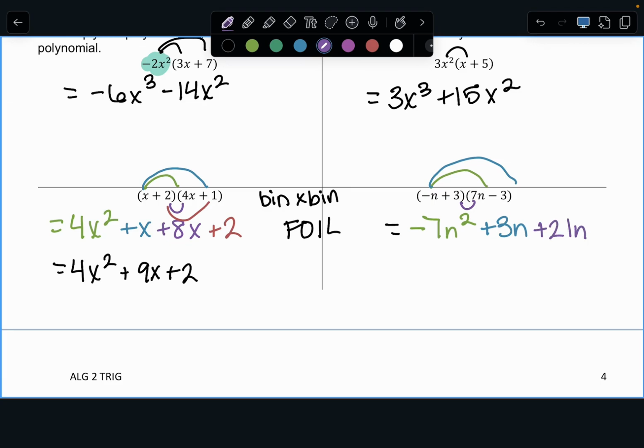Inside, 3 times 7n is positive 21n. And then 3 times negative 3 is negative 9. And then we combine. The negative 7n squared stays. We get plus 24n as our middle term, and then minus 9.